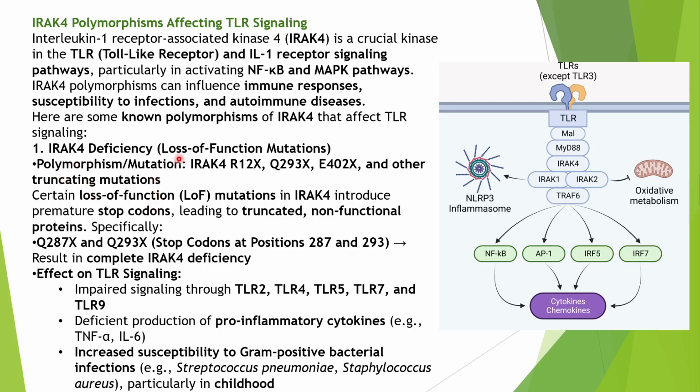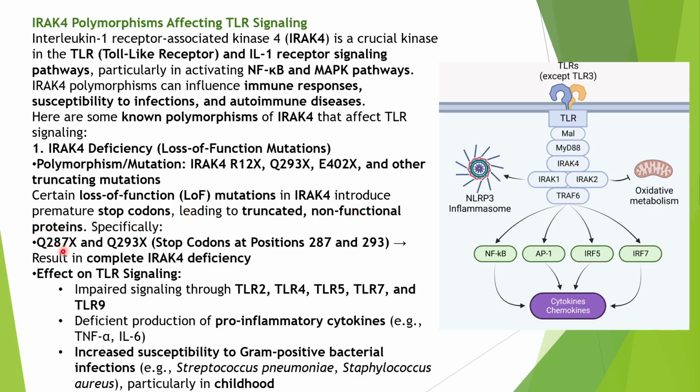So truncation of the protein occurs when a codon in the middle of the sequence becomes a stop codon due to a mutation. Your entire sequence will not be translated and the protein will be truncated, that is, cut in the middle itself. So you will not have a complete protein sequence and your truncated protein will be non-functional.